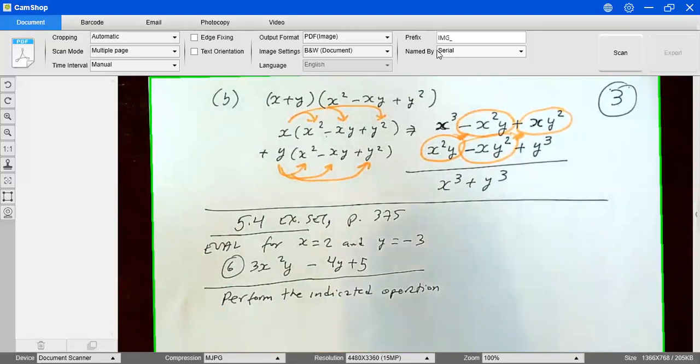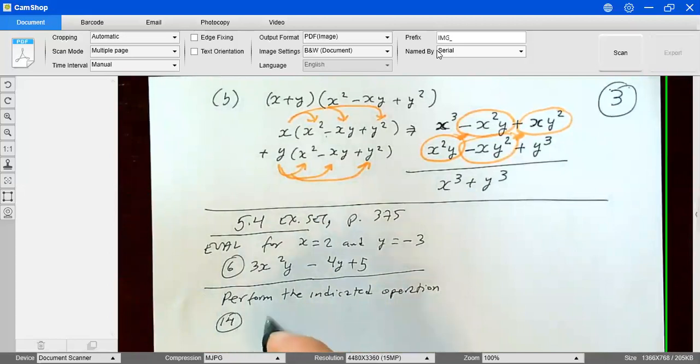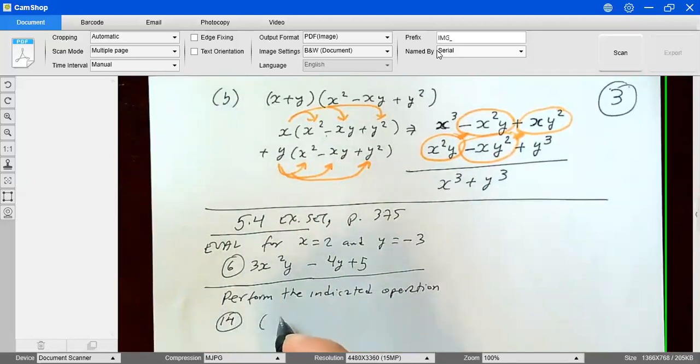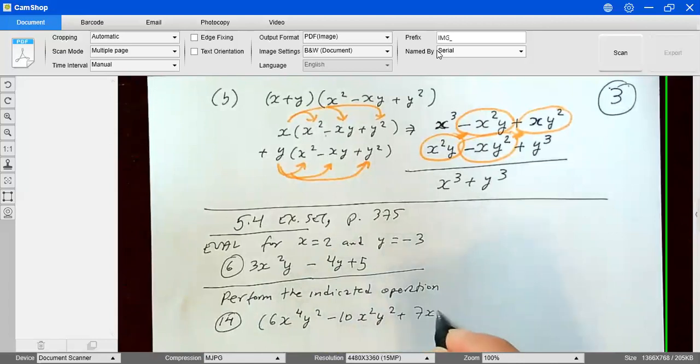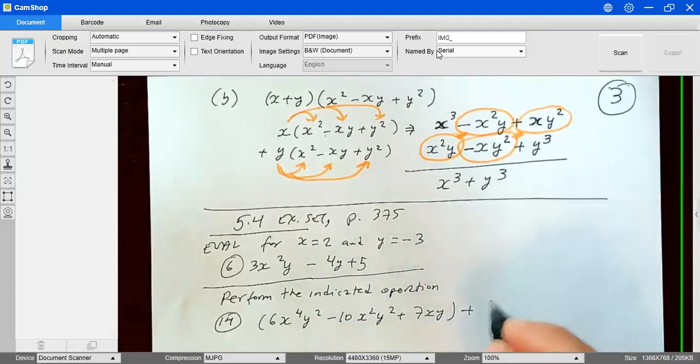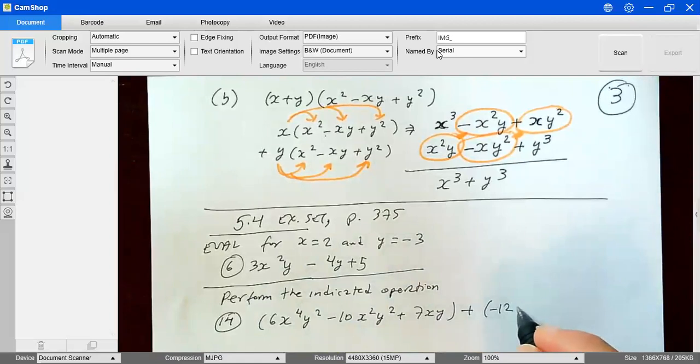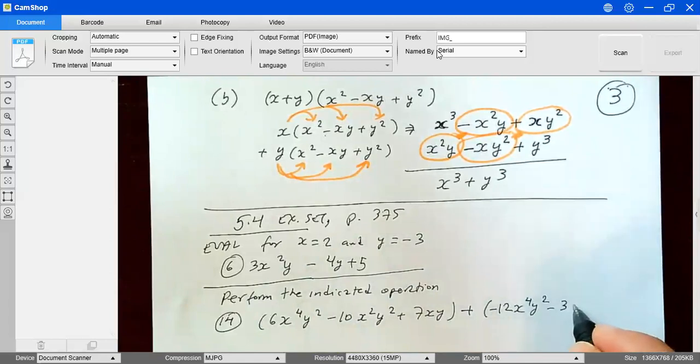So you have problem 14, which is just these two polynomials that are going to be added. 6x to the 4 y squared minus 10 x squared y squared plus 7xy. You're going to add -12 x to the 4 y squared minus 3 x squared y squared minus xy.